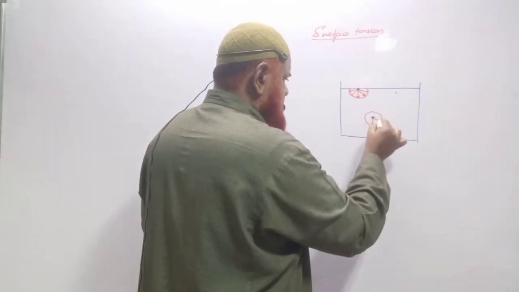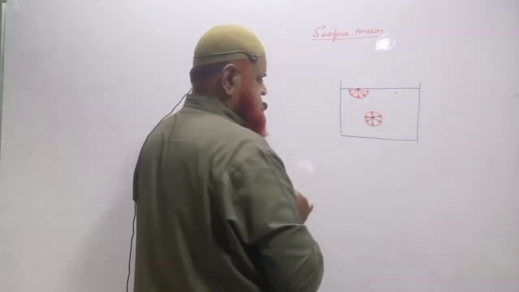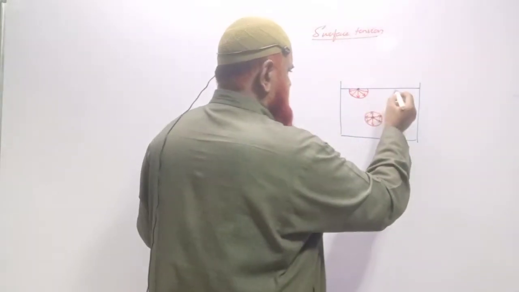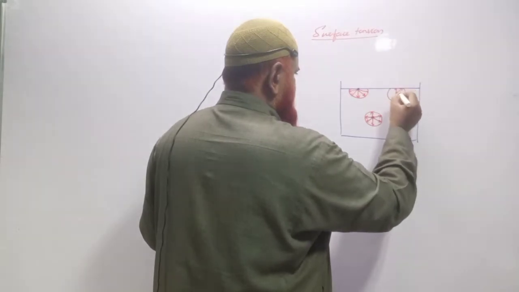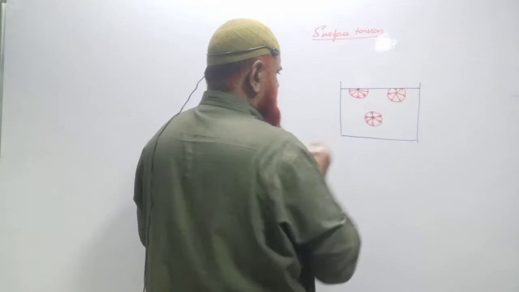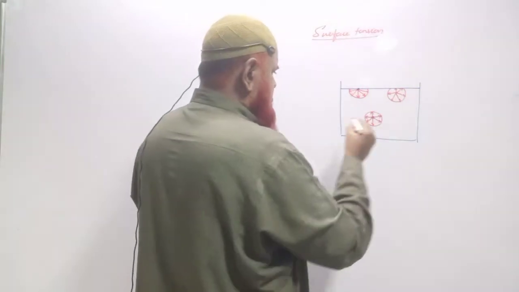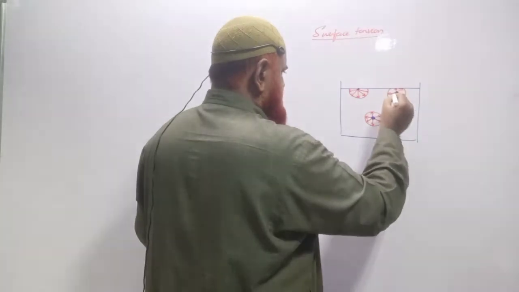So this molecule will be attracted by the molecules present in the water. Now if you observe this molecule here, it is also attracted by the surrounding water molecules. So these three molecules are called water molecules.